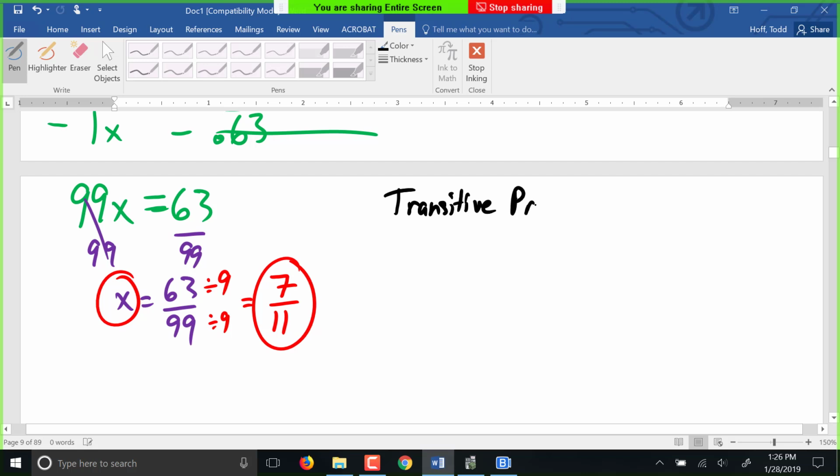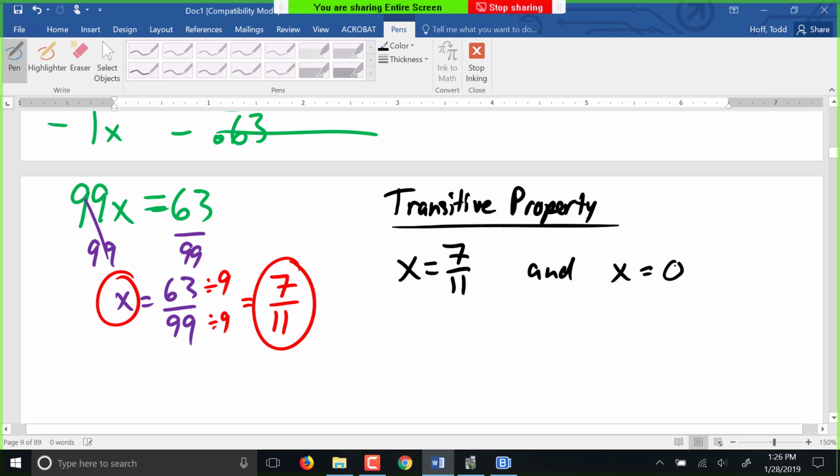Something called the transitive property in algebra: if two things are equal to the same thing, they must be equal to each other. If x is equal to 7/11 and x is equal to 0.63 repeating, then 7/11 must be equal to 0.63 repeating.